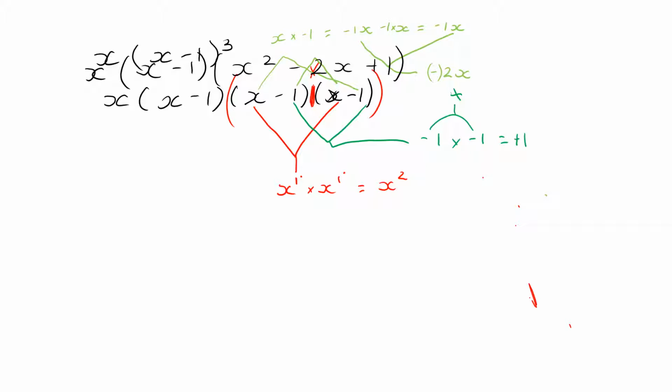And then you would write that out, remembering the first bracket, (x - 1) times (x² - 2x + 1). The x squared comes from here, and then minus 2x, so imagine that the minus belongs to this 2x.